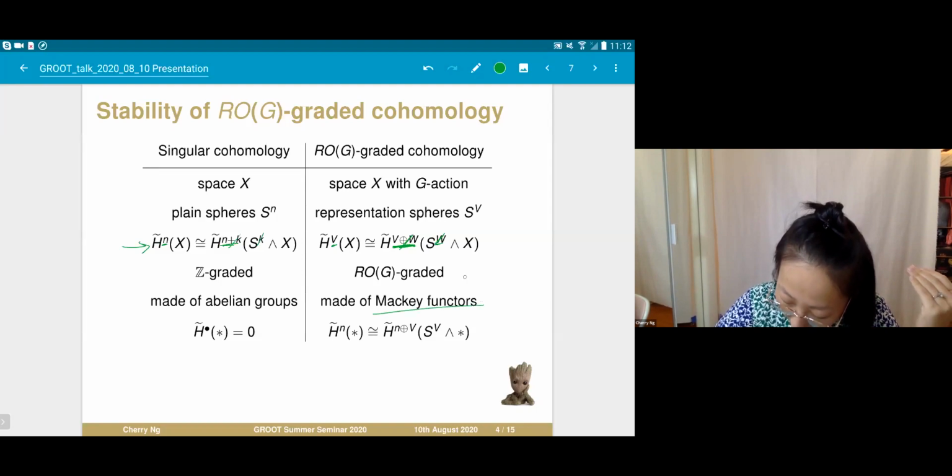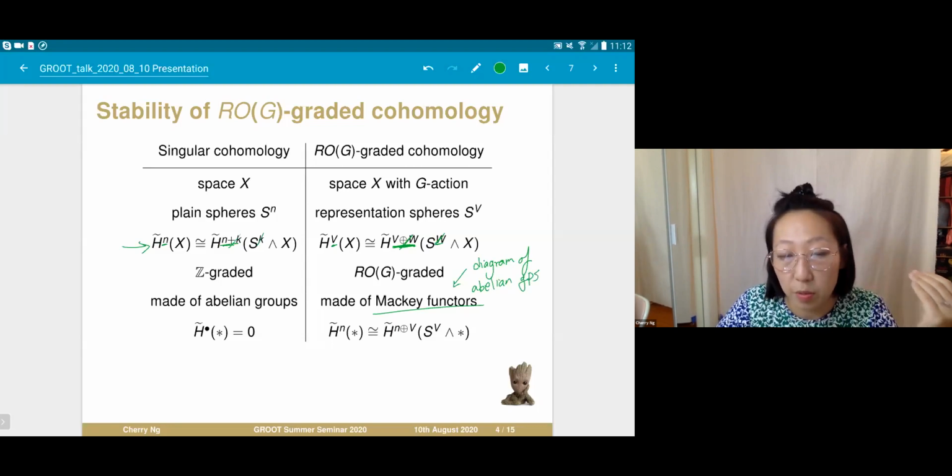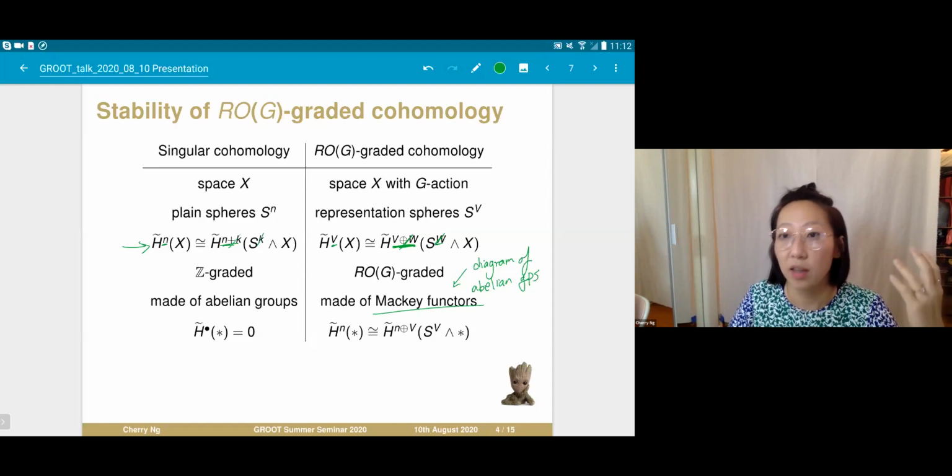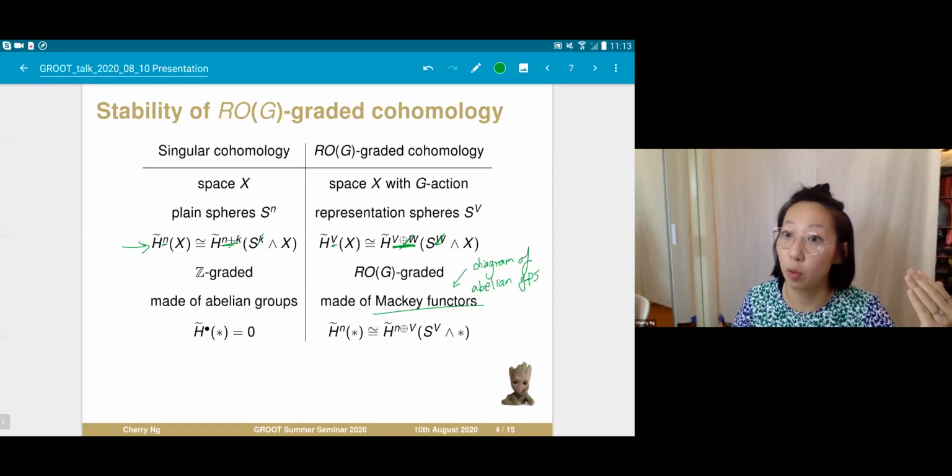So this is what I mean when I say Mackey functor. There's a lot to go into here, but I'm just going to call this a diagram of abelian groups. And the diagram is in the shape of the subgroups of the group that's performing the action. So the idea is that it is a diagram of abelian groups that is capturing not only the cohomology that we wanted, but also something about the cohomology that is created by the action by subgroups and also the fixed point groups by the subgroups.